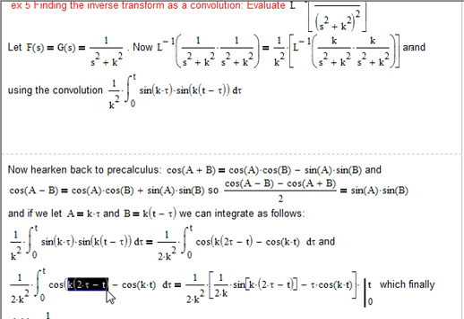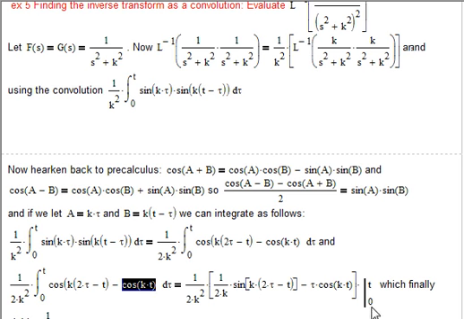When we integrate this with respect to tau, integrating cosine, we get sine, except for the tau there, we have 2k times that tau, so 1 over 2k will be a factor in that antiderivative. And integrating this with respect to tau, believe it or not, is just tau times cosine of kt, because with respect to tau, this is just constant.